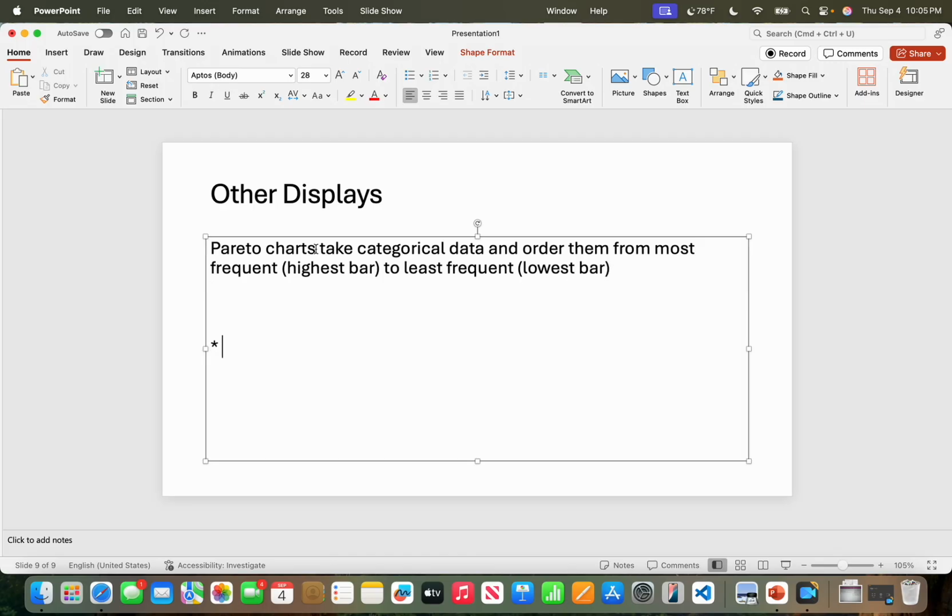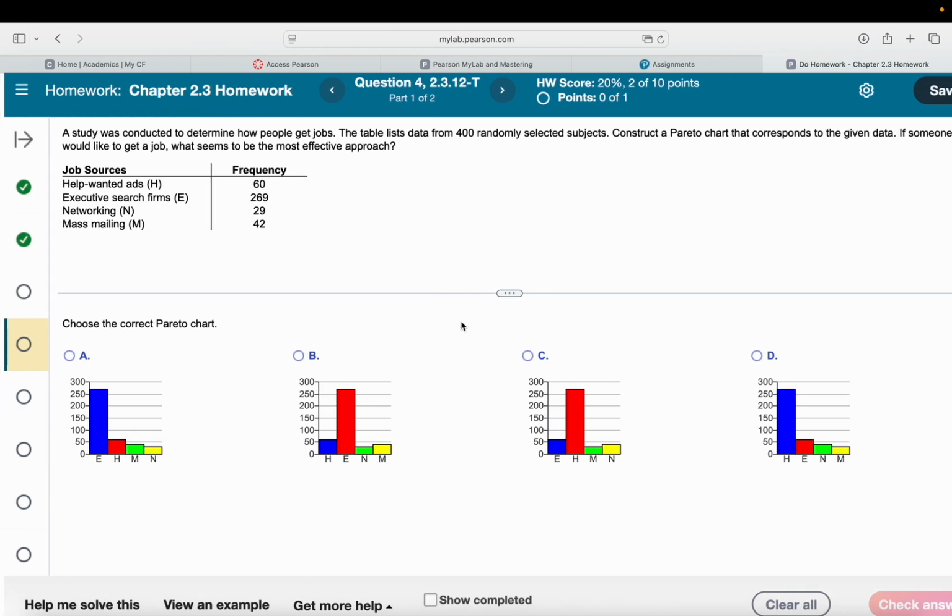And we'll go ahead and give you this note as well. Charts with heights and bars are preferred over pie charts. Again, don't ask me why. That's your book's opinion, and I don't necessarily agree.